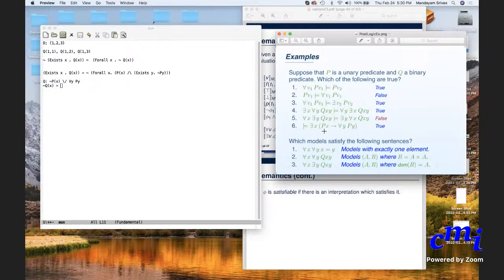The antecedent will be true. And what is the consequent? The consequent says for every Y, P of Y is true. That is already true. Why? Because this is the case where the model maps P to a predicate which is true everywhere. So what you have is true implies true. Therefore, it is true.